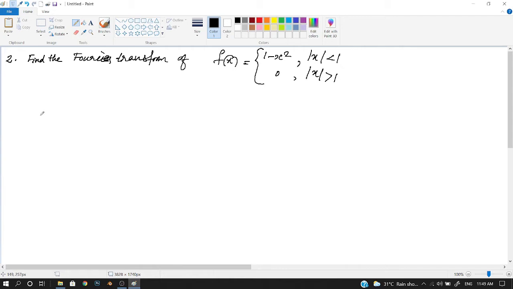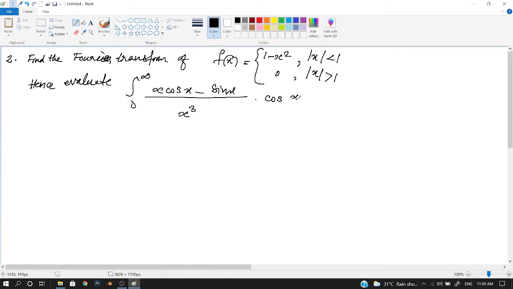Okay, and hence evaluate the integral from 0 to infinity of (x cos x minus sin x) divided by x cube, into cos of x by 2, dx.